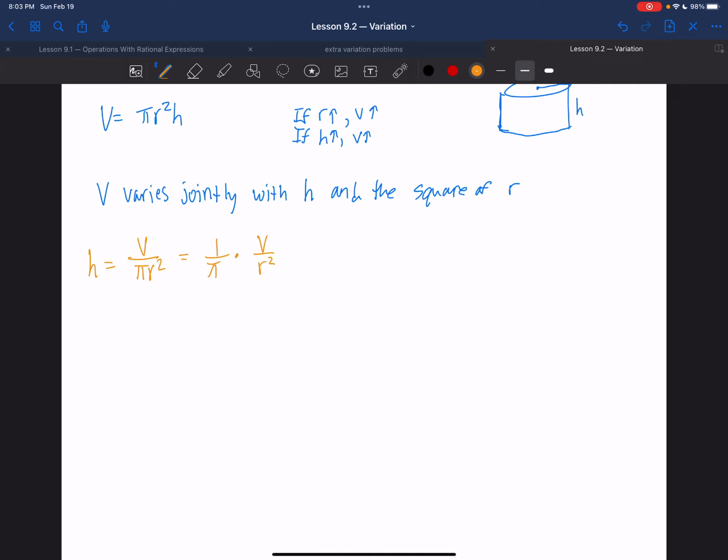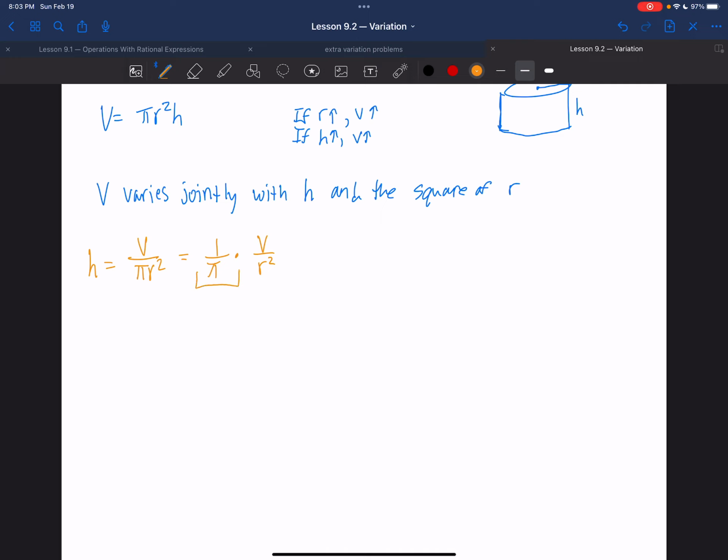Notice I haven't written any relationship with pi because pi is a constant, not a variable, so I'm leaving it off to the side. Volume is in the numerator, so it's getting multiplied, whereas it's getting divided by r squared.